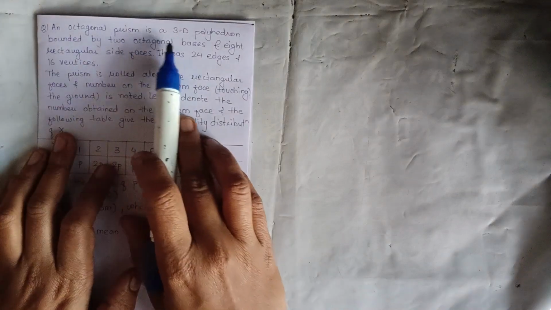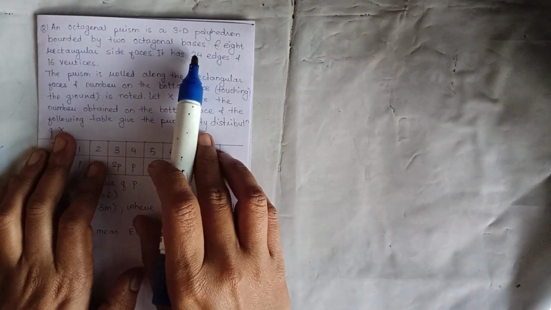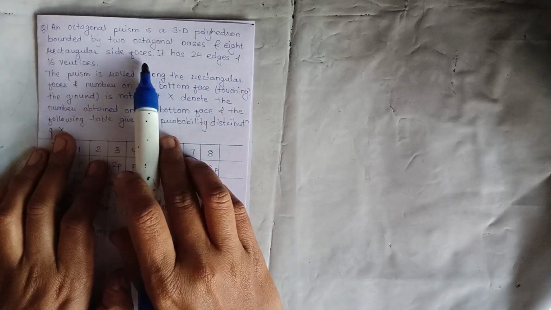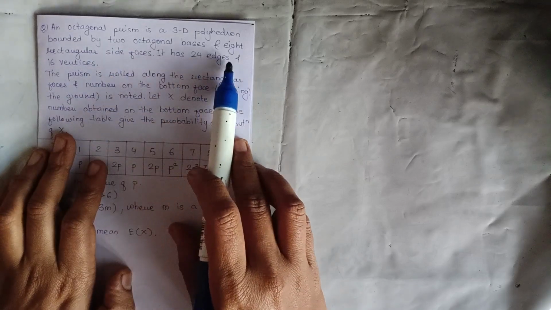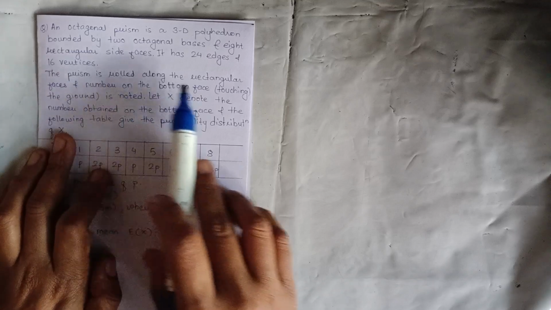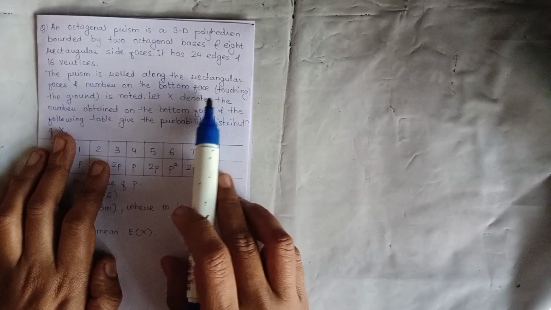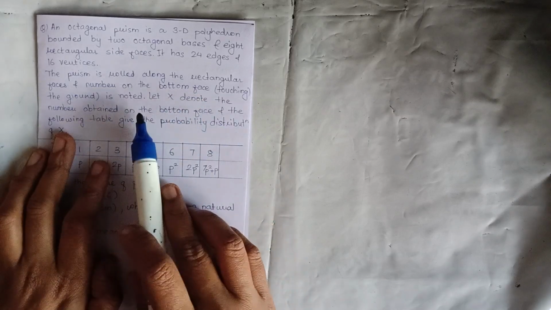Next question. An octagonal prism is a 3D polyhedron bounded by 2 octagonal bases and 8 rectangular side faces. It has 24 edges and 16 vertices. The prism is rolled along the rectangular faces and the number on the bottom face touching the ground is noted.